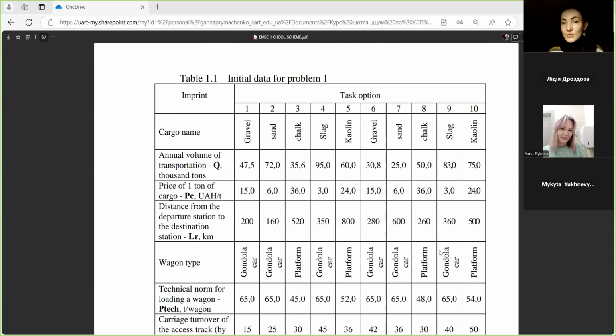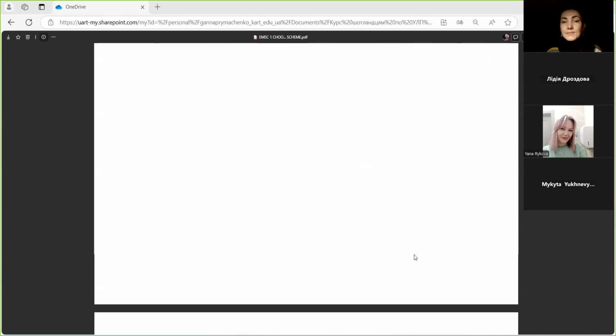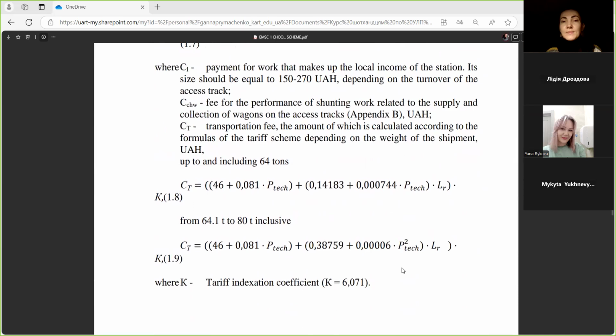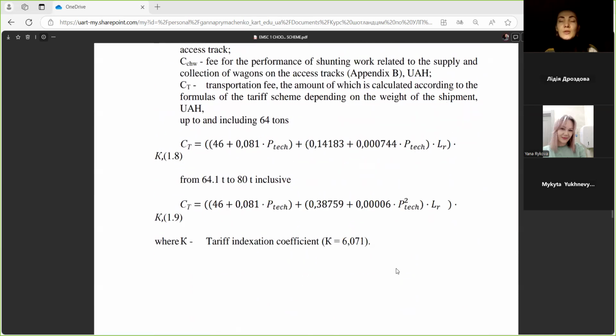Okay, and we come back to our formula. Please calculate it. In this parameter, we leave 2 points after the comma, and the result will be in hryvnias. Okay, I wait.